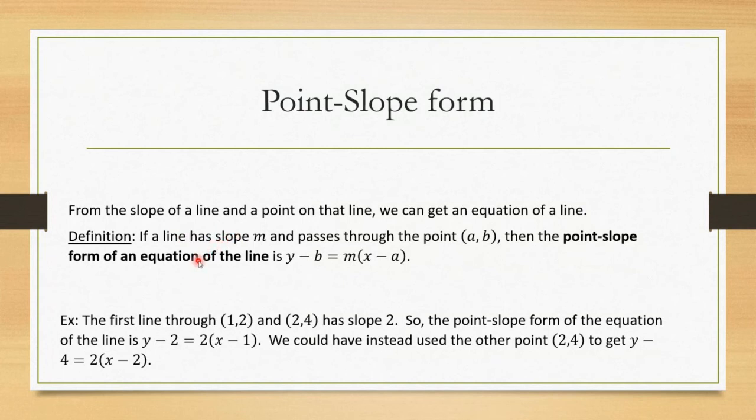In other words, if we have a line, and let's say we know that line has slope m, and let's say we also know that the line passes through this point (a, b), then the point-slope form of an equation of the line is going to be this: y minus b equals m times x minus a.